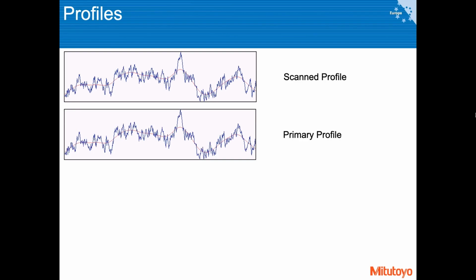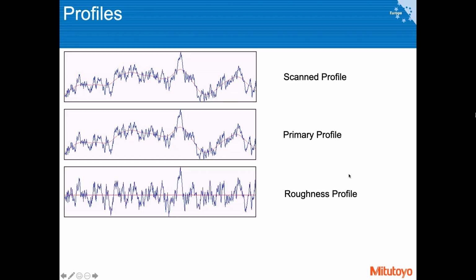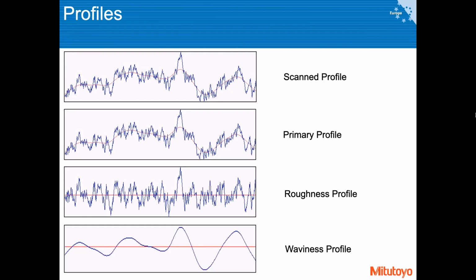first of all you can level this profile. Let's say if the workpiece you measured is not parallel, but slightly tilted, then you simply want to level the beginning and the end of your profile so they are on the same line and they are horizontal. Then you obtain this primary profile, and then you use filtering operations, which we are about to discuss a little later.